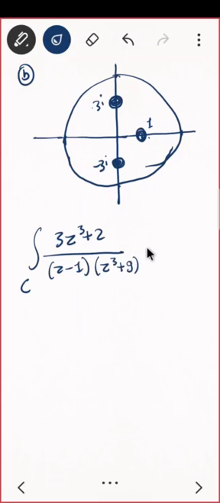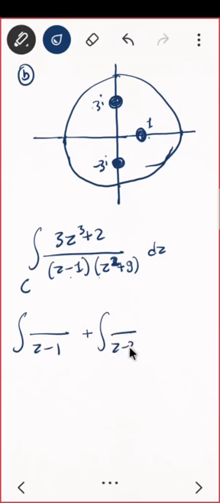So how should I do it? This was z square. So can I do this? Can I apply Cauchy integral formula here? I can apply Cauchy integral formula, but what will we have to do? I have to use partial fractions. I have to divide each of the singularities like this, breaking it into something over z minus 1, plus something over z minus 3i, plus something over z plus 3i.